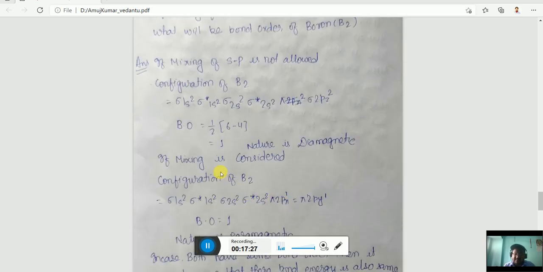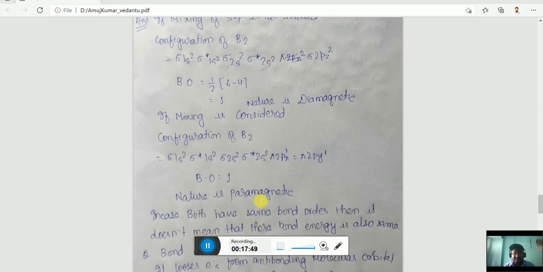If mixing is considered, then configuration will be sigma 1s2, sigma star 1s2, sigma 2s2, sigma star 2s2, then pi 2px1, pi 2py1, one electron each. Here bond order is also the same, that is 1, but nature is paramagnetic.